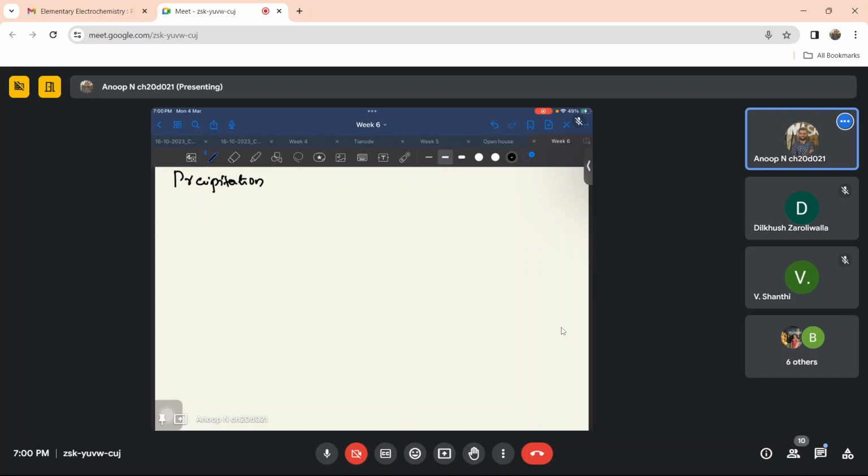Precipitation titrations. The example was KCl versus AgNO3. As you may have noticed, in this one only, the plot of lambda versus volume of AgNO3 had a different shape; it was going right.